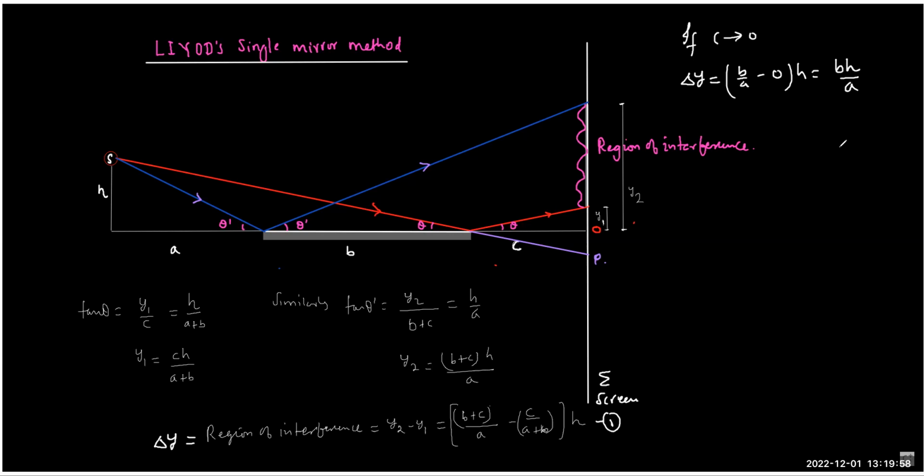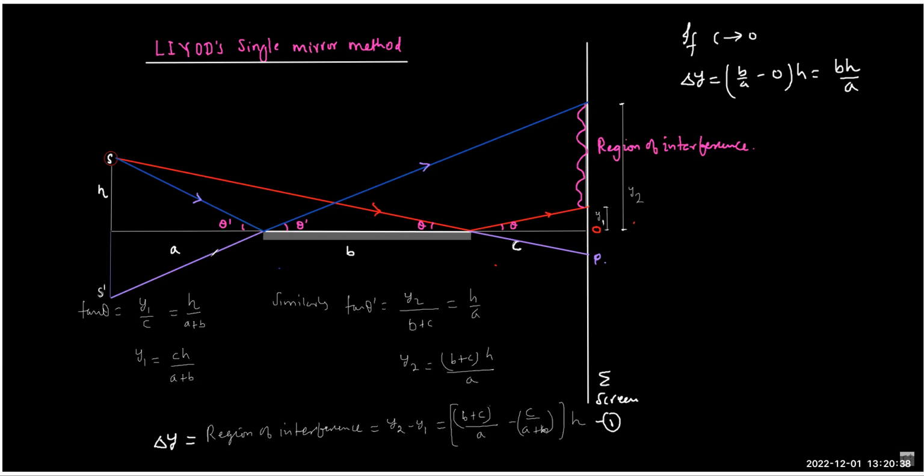So every light which is getting reflected from the mirror, we can think of that light as coming from some virtual source, right? So if you trace this blue light backward, it seems to be coming from this virtual source S dash.